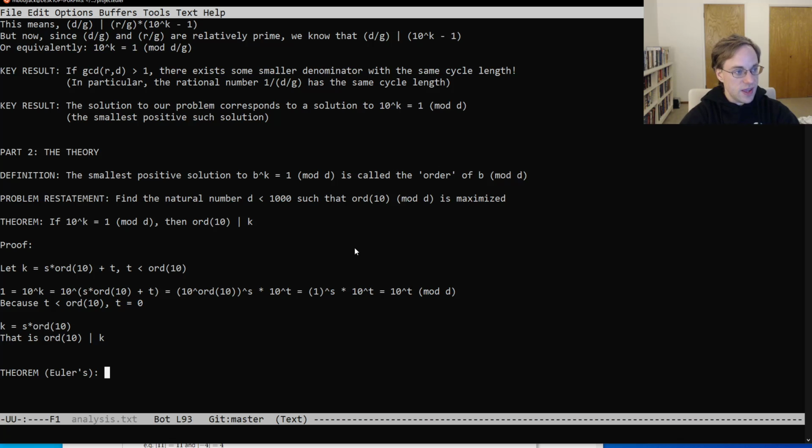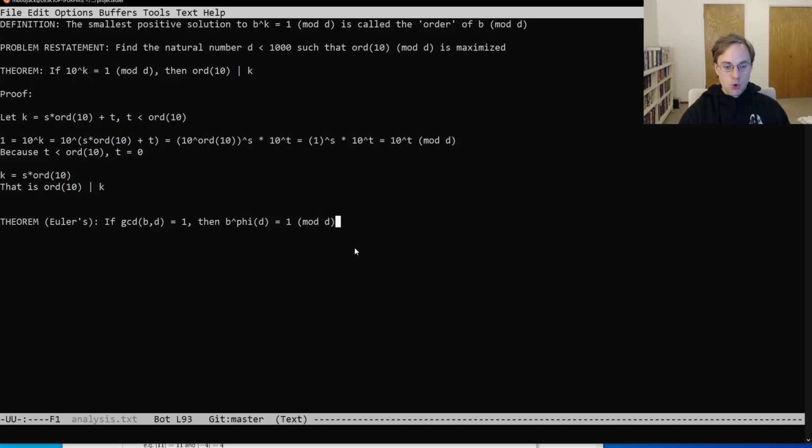This is just going to state that if GCD of b and d is equal to 1, then b to the phi of d is congruent to 1 mod d.